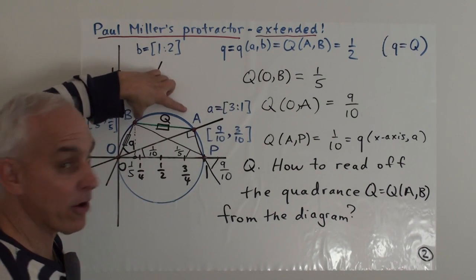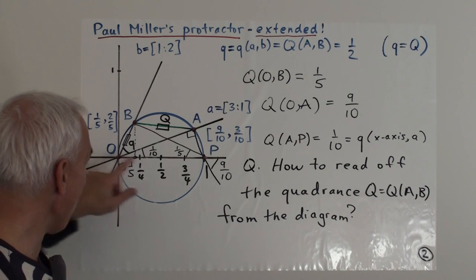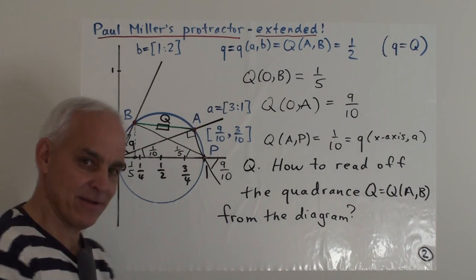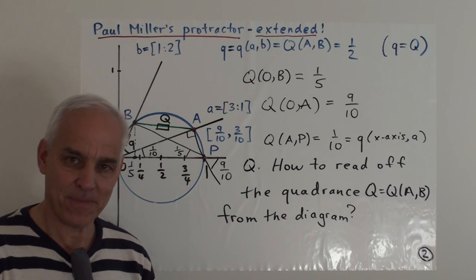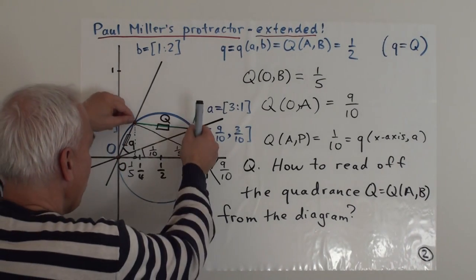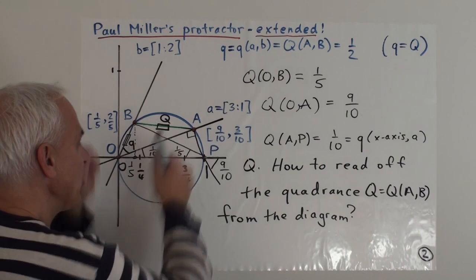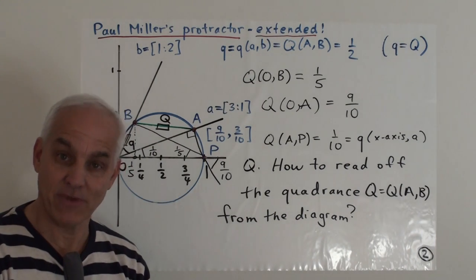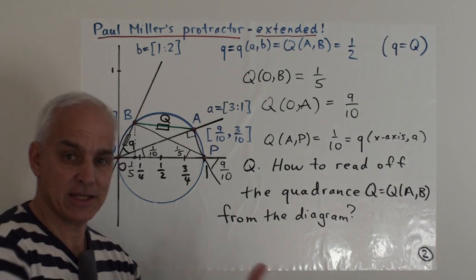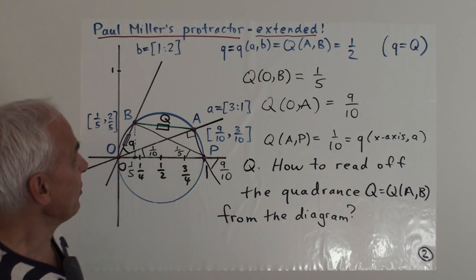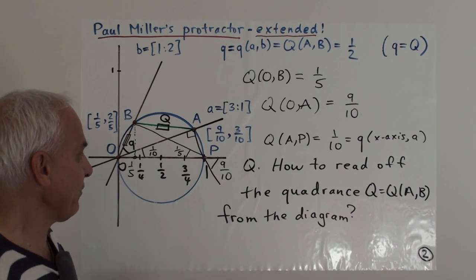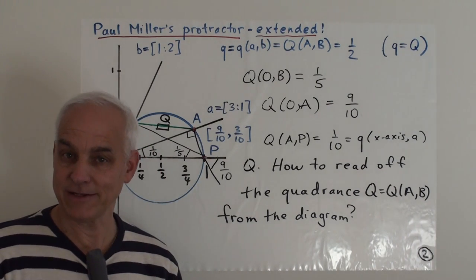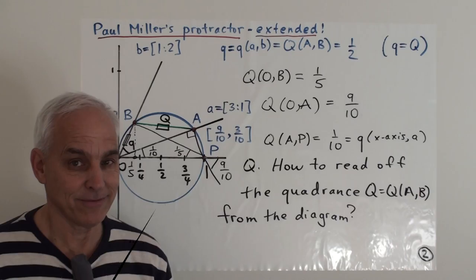This is not a quadrance where one of the points is O or P. Those kind of quadrances we can read off by the game of projecting down. How do we deal with the more general quadrance between any two points on this core circle? Well, it turns out that there's a nice way of doing that, which extends the idea of Paul Miller's protractor. So let's have a look at how we would actually read that off relatively painlessly with just a little bit of geometry.